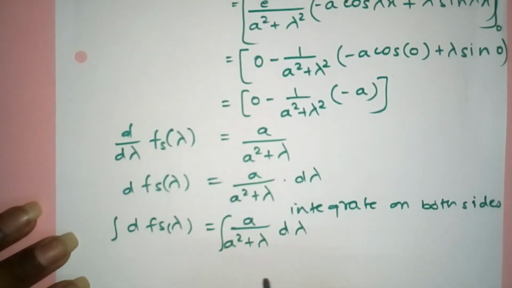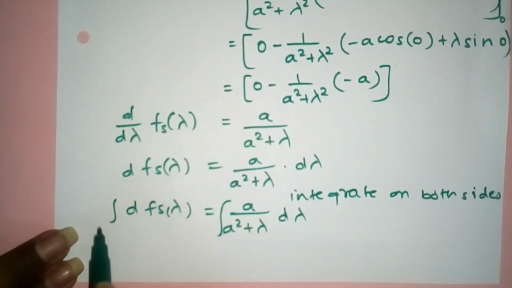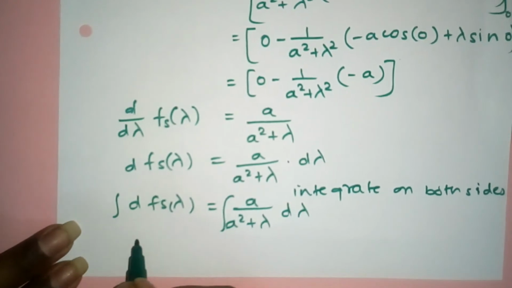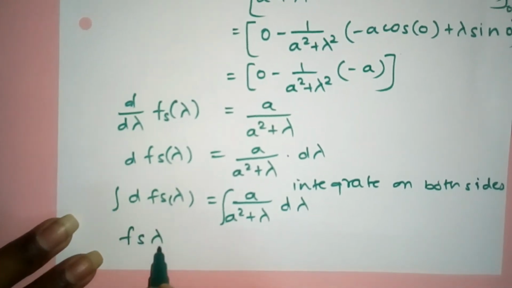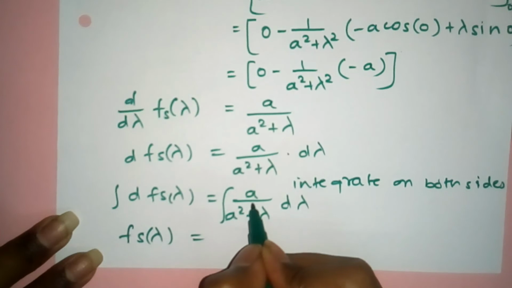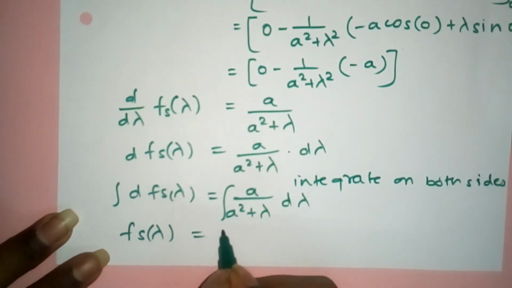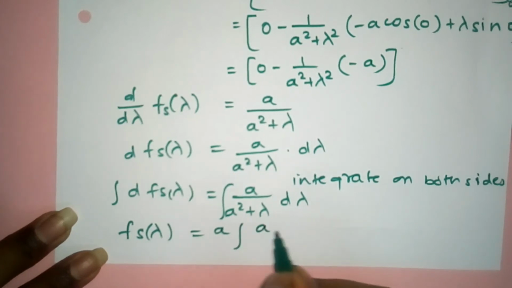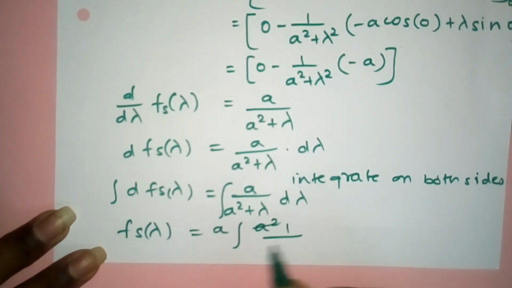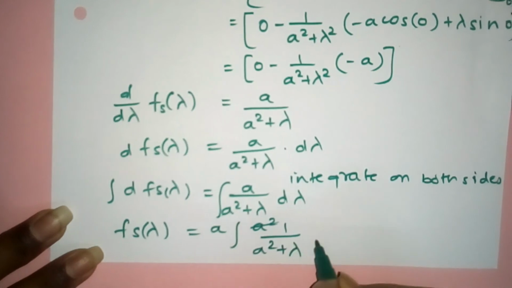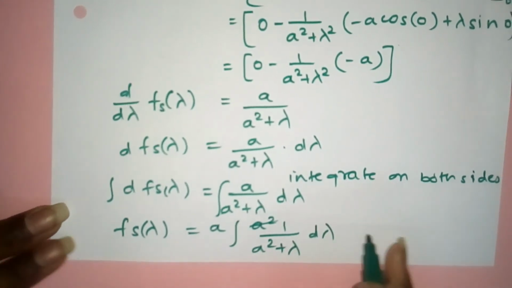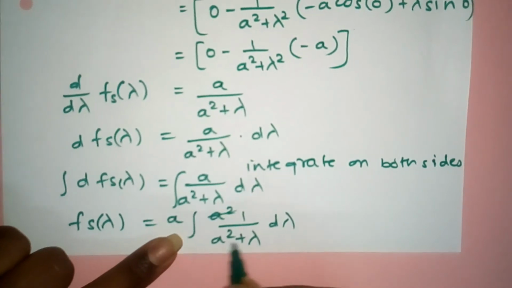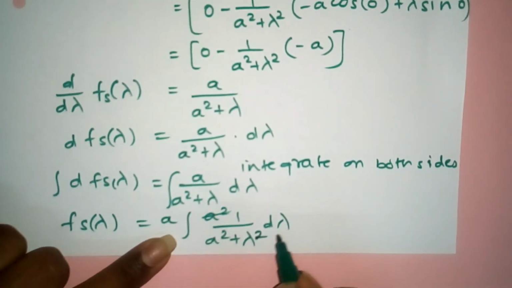If we integrate this, the answer will be fs lambda is equal to, now a we can keep outside, then what remains is integration of 1 upon a square plus lambda square d lambda.